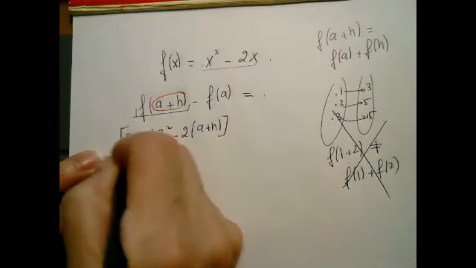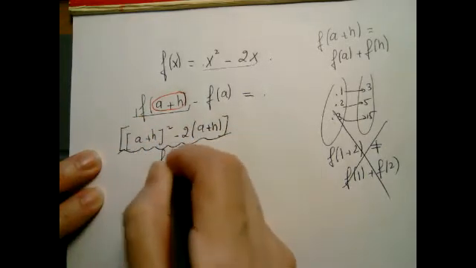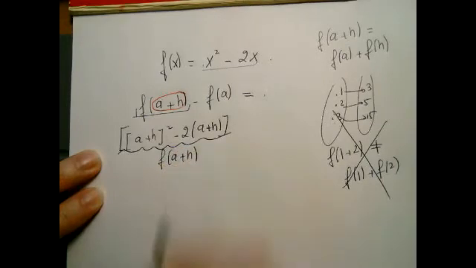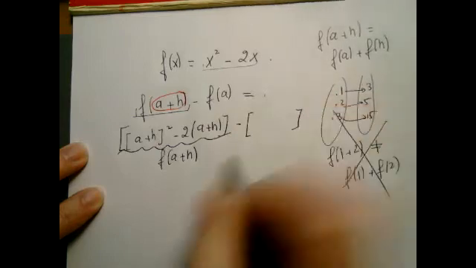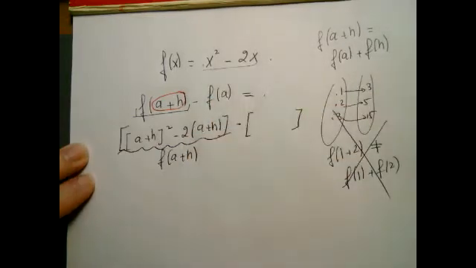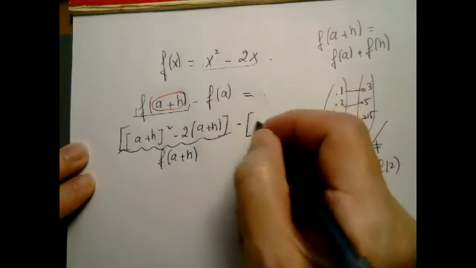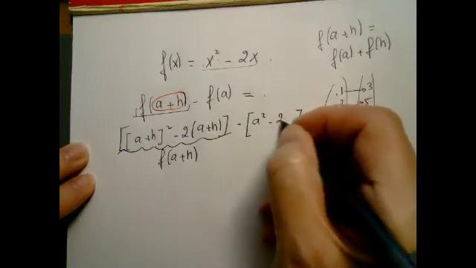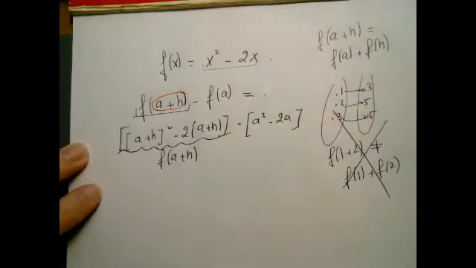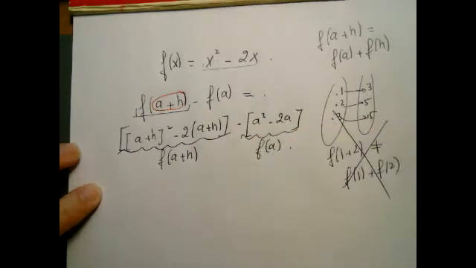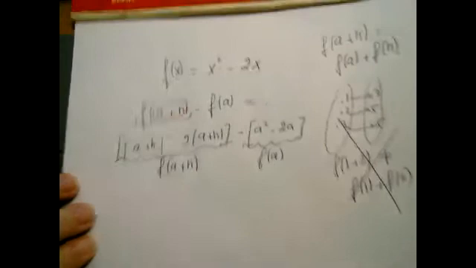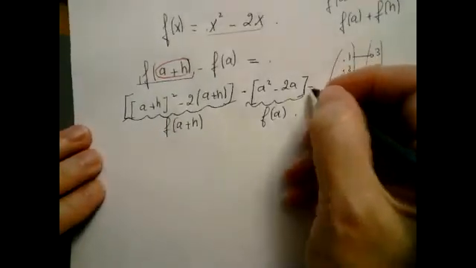This piece here is f of A plus h. It takes away from it what? f of A. What does f do to anything you put in here? It's squared minus 2A, and this is f of A. So please, everyone who got it wrong, make sure you don't make the mistakes again.